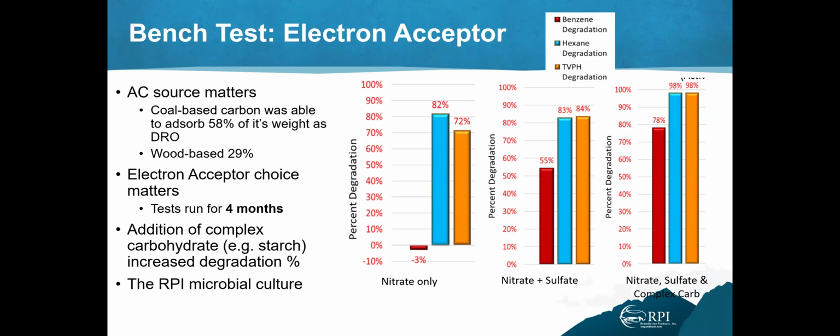The next bar graph, on the far right, includes nitrate, sulfate, and complex carbohydrates. In this case, you see all of them do much better. So you think, okay, so we need sulfate, nitrate, and complex carbohydrates according to this particular study.